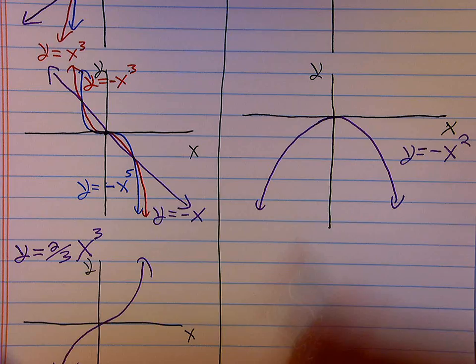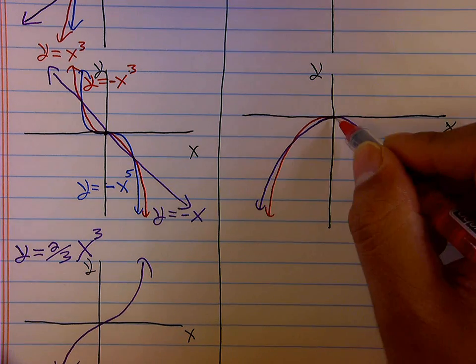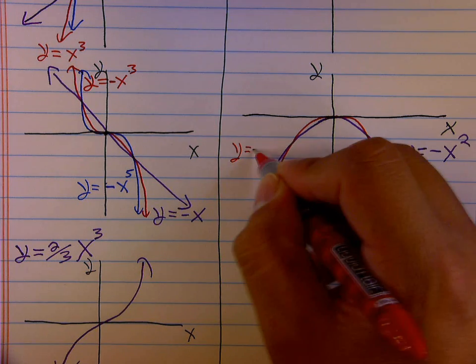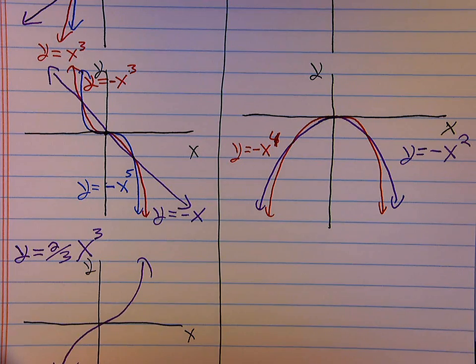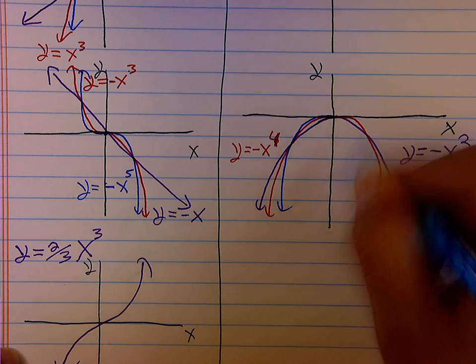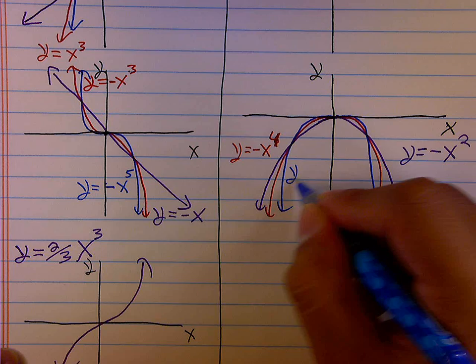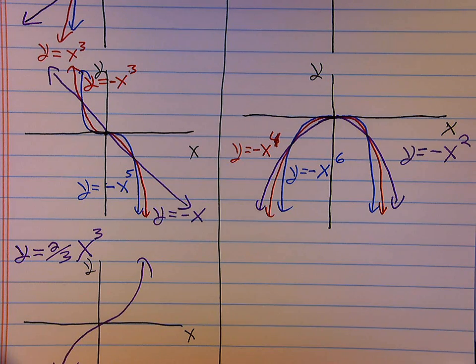A 4th degree with a negative in front. A 6th degree with a negative in front. Every even polynomial with a negative in front is going to open down.